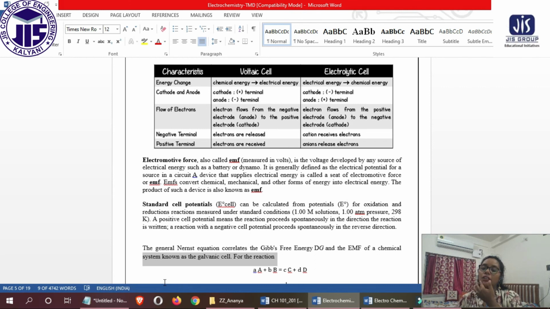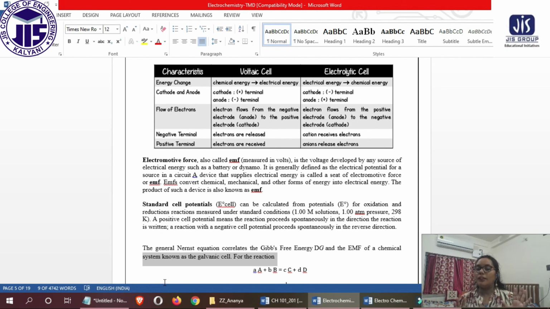If we dilute the electrolytic solution, what will be the effect on the conductance? If we have a strong electrolyte, what will be the effect on the conductance? If we have a weak electrolyte, what will be the effect on the conductance? All this we have discussed.